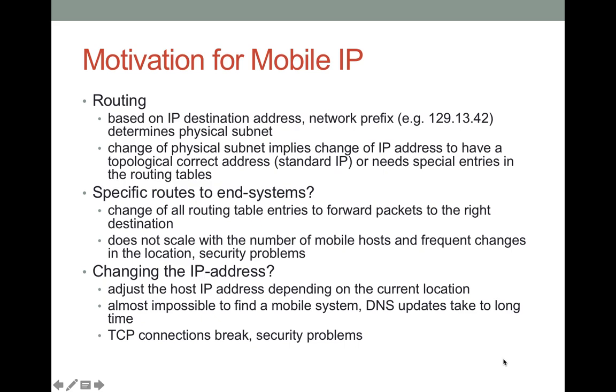IP is, as all of you know, the internet protocol, but here it refers to the identification of a PC or any device in the network. For routing, routing is based on the IP destination address, which you are familiar with, like 109.13.40.42, as an example, which determines the physical subnet in the network.